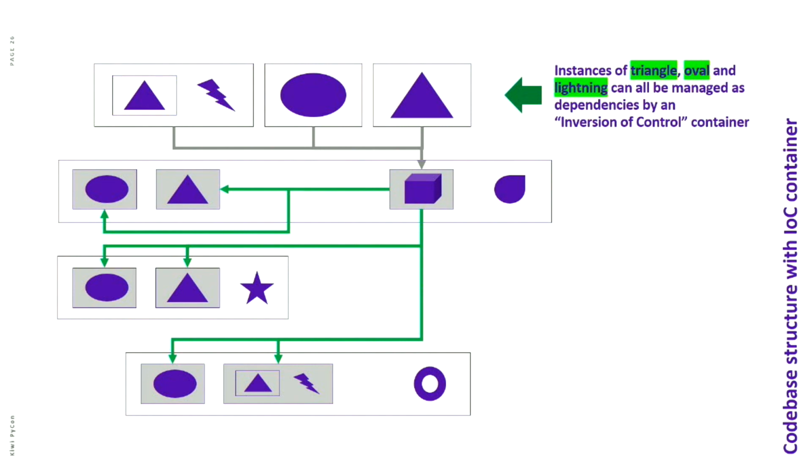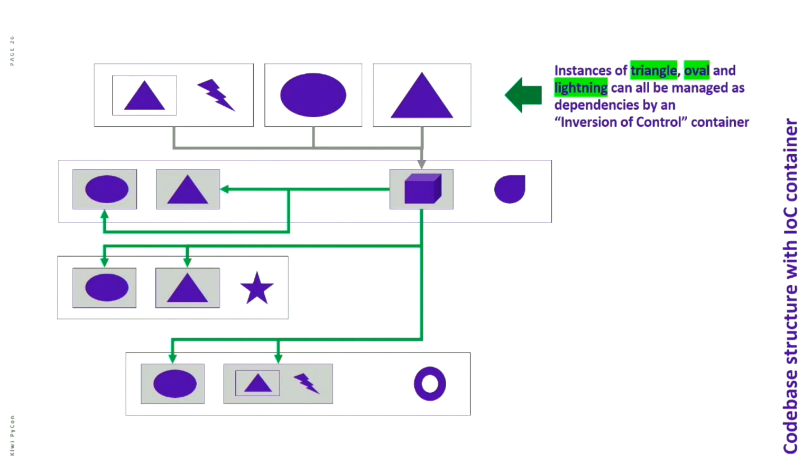So in your teardrop class now, you've got this cube here, which represents our inversion of control container, and the instances of our triangle, our oval, and even our lightning bolt class, which holds our triangle wrapper in it, are held by that inversion of control container. And the only thing that the teardrop class does is instantiate the inversion of control container.